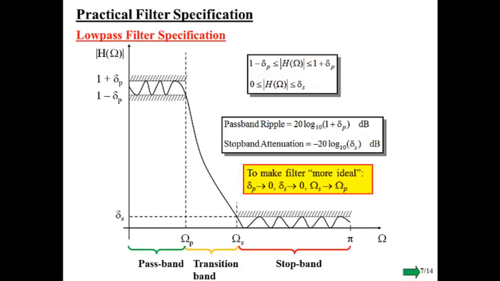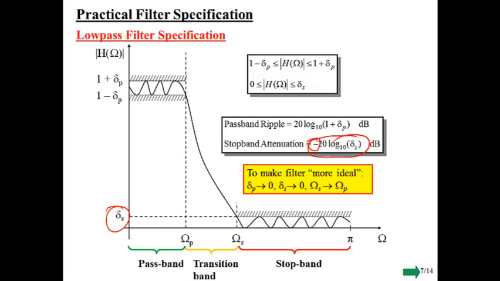Now the second thing is the amount of attenuation out here in the stop band. We want to make sure that our frequency response in the stop band never pops up above this delta s value. On the diagram I'm showing that in non-dB, but we would convert that into attenuation. We put a negative sign there so that we know that delta s is a small number, less than 1.